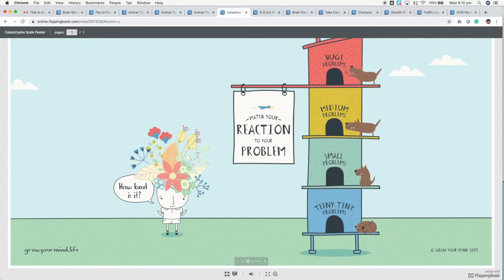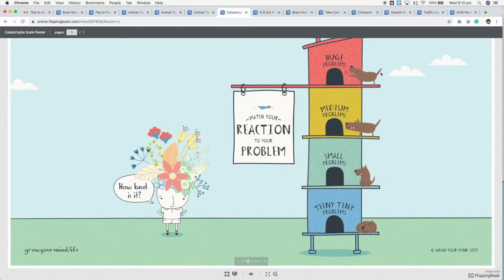What we would suggest that you do is brainstorm as a class all the potential problems in a day and work out the severity of them. And what you'll find is the majority of problems actually end up down here. Now, once you've agreed on those problems, you can then come back, and if a student is having a big guard dog moment, you could potentially say, look, where is that problem on the scale? And more often than not, it's here.